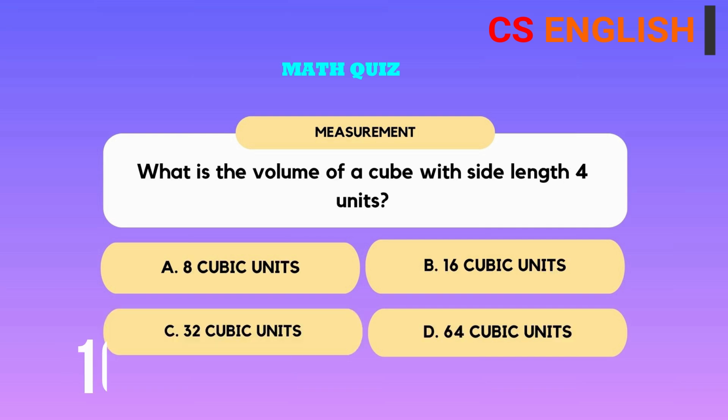What is the volume of a cube with side length 4 units? A. 8 cubic units, B. 16 cubic units, C. 32 cubic units, D. 64 cubic units.